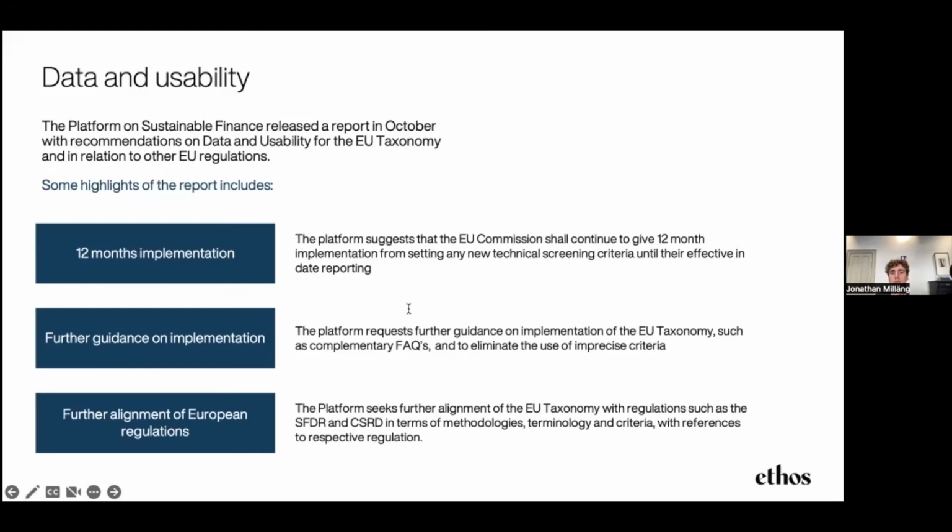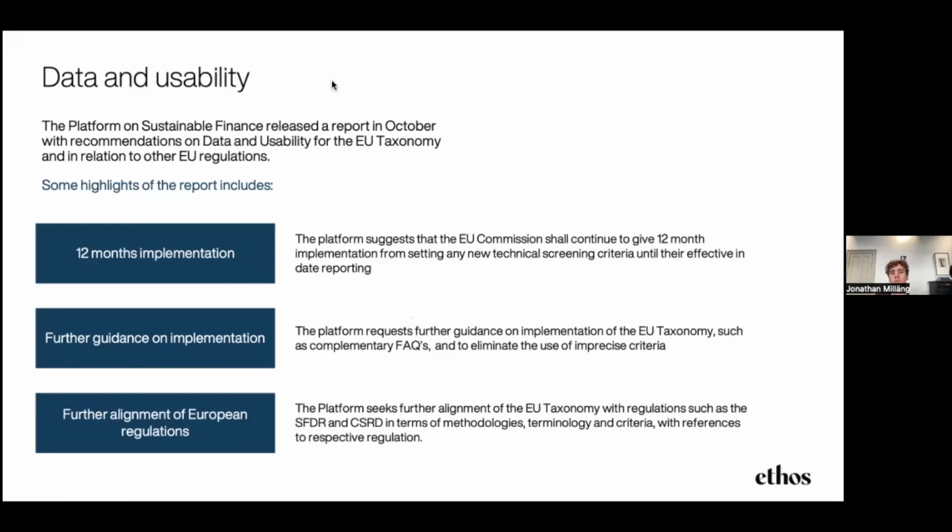One more point raised in this report is that the platform wants the EU taxonomy to be more aligned with the other EU regulations. Two examples are the SFDR and the CSRD. Here they are talking about the methodologies used, the terminology used, the criteria, and also the references to respective regulation. To give an example, in the SFDR, they are also talking about do no significant harm.